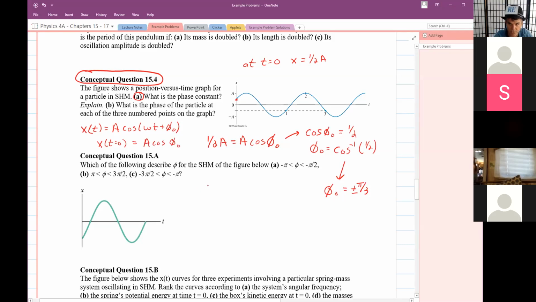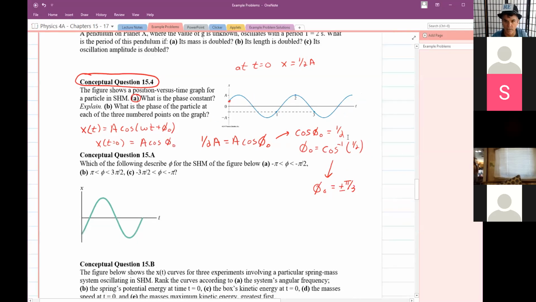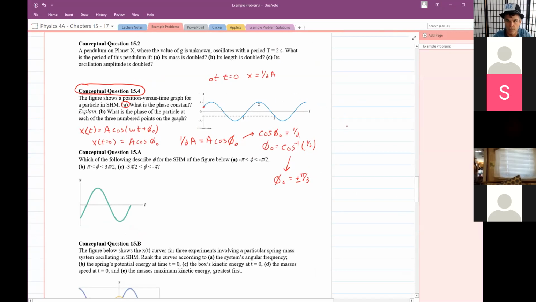I don't know if you remember this trigonometry identity, but cosine of theta is the same as the cosine of negative theta. So cosine of pi/3 is the same thing as the cosine of negative pi/3. In both cases, it gives you 1/2.